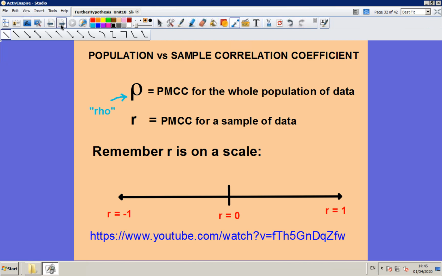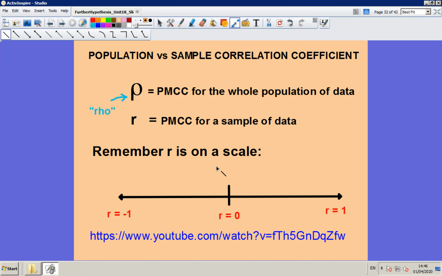Now, for hypothesis testing, we need to introduce a new element, which is called rho, another Greek letter. And rho represents the PMCC for a whole population of data. That's contrasted with R, which is our PMCC for a sample of data. So rho is what we're calling the correlation coefficient for a whole population of data, and R is the correlation coefficient for a sample of that data.